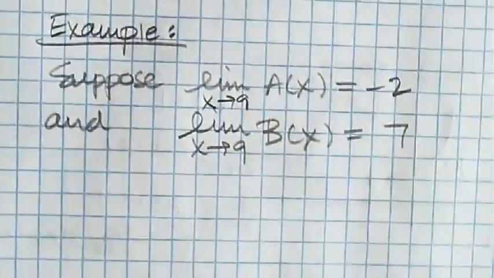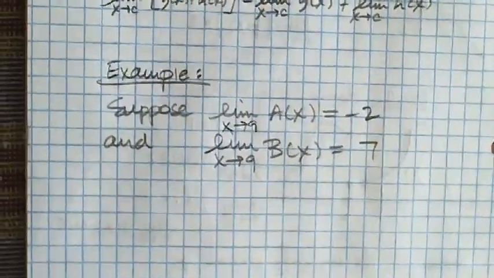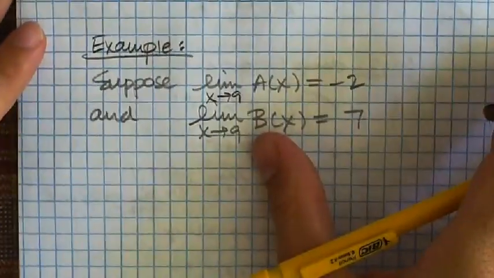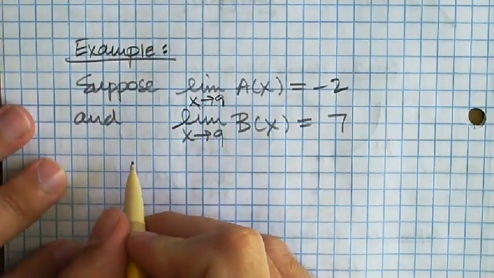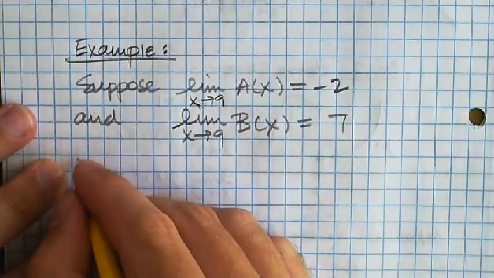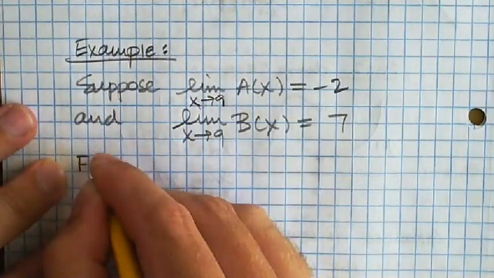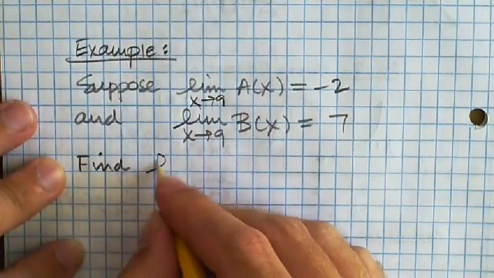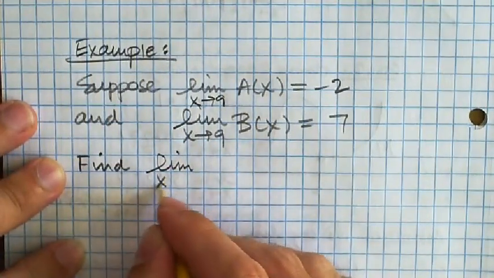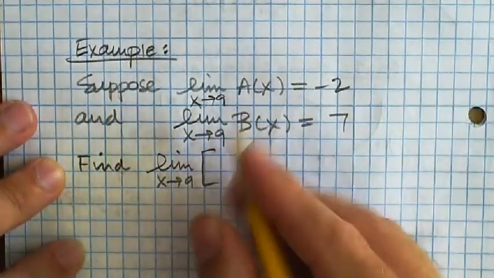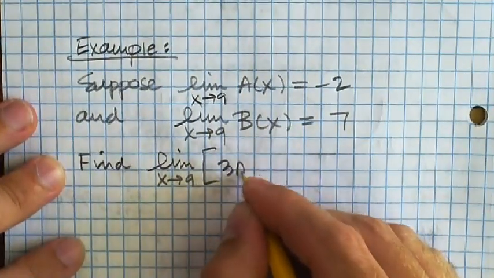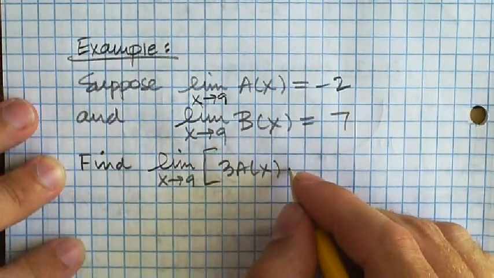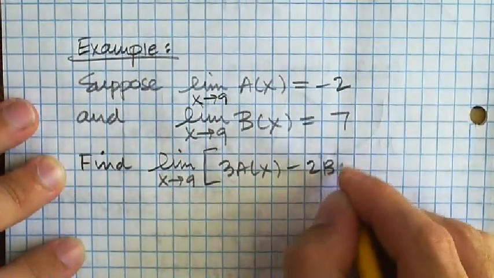Okay, oops, I need to scroll this down. Okay, yeah, that'll do. They might ask you to find the value of the limit as x approaches 9 of 3a of x minus 2b of x.